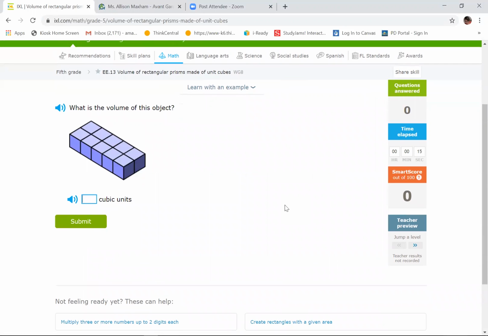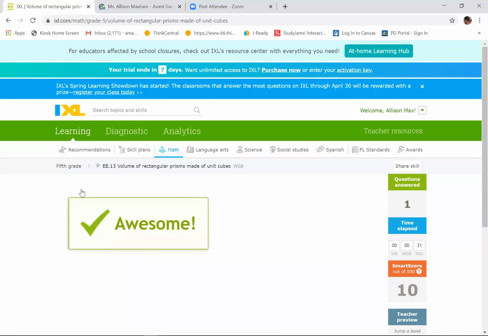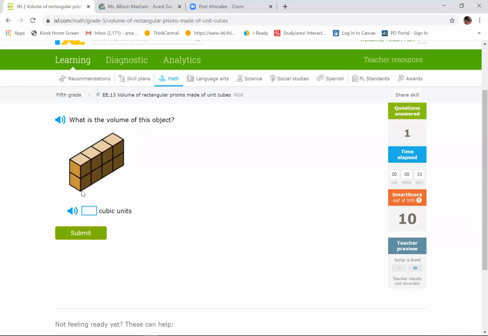Okay, so what is the volume of this object? Now going back to the first strategy, you simply count the unit cubes. 1, 2, 3, 4, 5, 6, 7, 8, 9, 10. 10 unit cubes. All right, now here again, count the unit cubes. 2, 4, 6, 8.